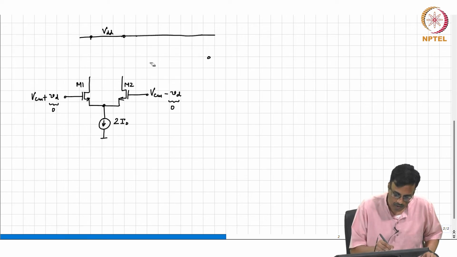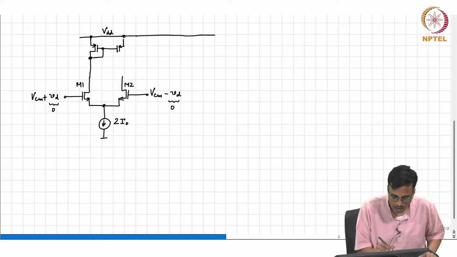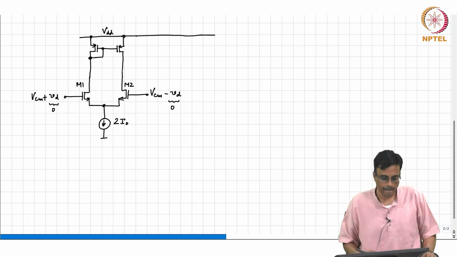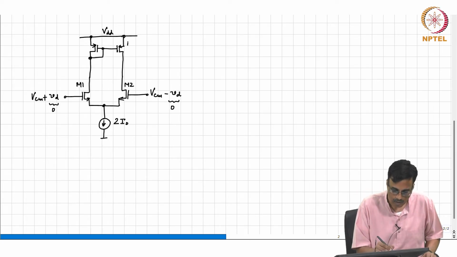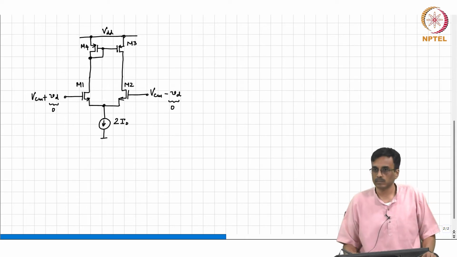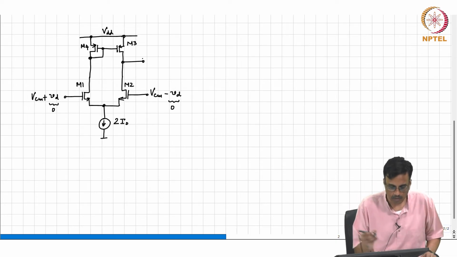So I am going to move things around. So this is M3, this is M4.